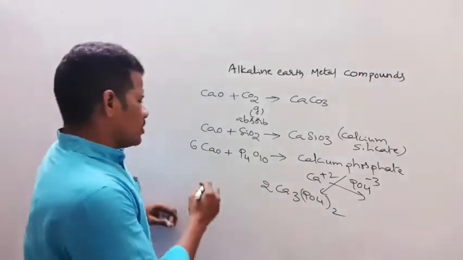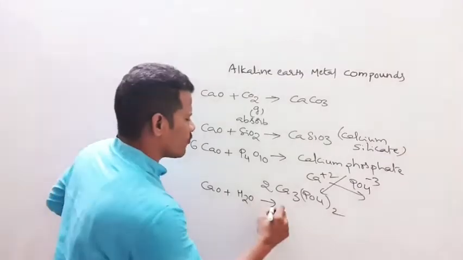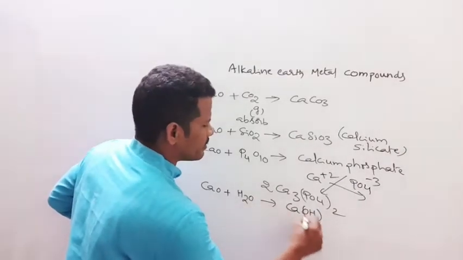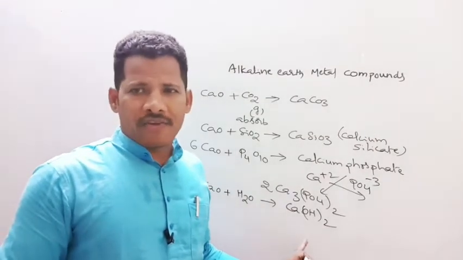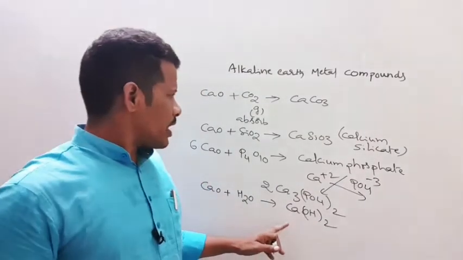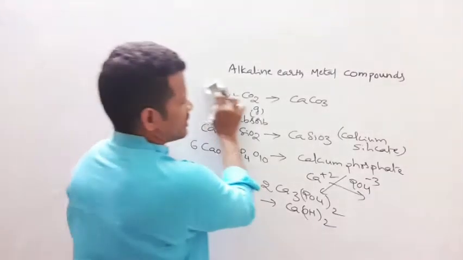And next, the well-known compound calcium oxide reacts with water to form calcium hydroxide. This is called slaked lime or milk of lime. Okay. Now I am going to give one short trick here because it is useful in examinations.